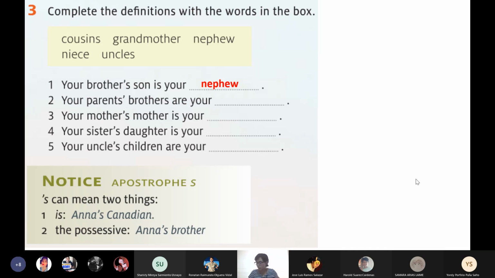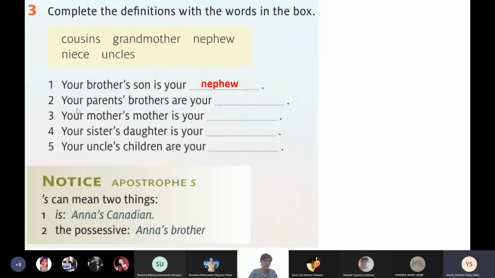Okay, so let's check how you did it. Jordi, number 2. What about number 2, Jordi? Can you read the sentence first of all? ¿Pueden leer la oración?